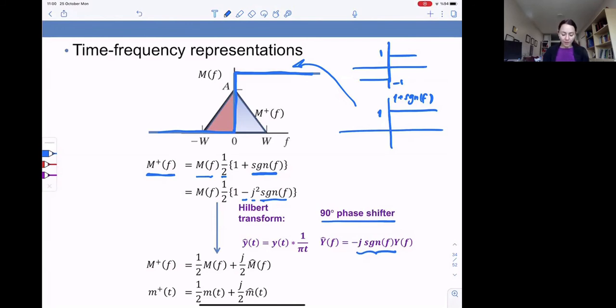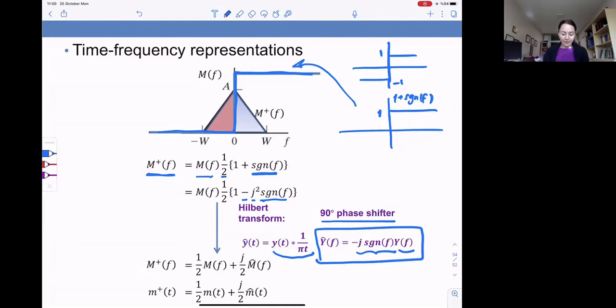In time domain, it corresponds to taking a signal and convolving by 1/πt. But in frequency domain, it's perhaps easier to see. The Hilbert transform of a signal y of f is -j signum of f y of f.